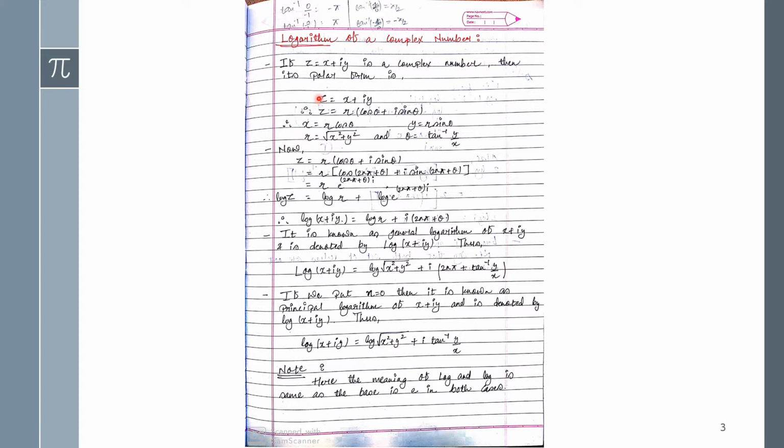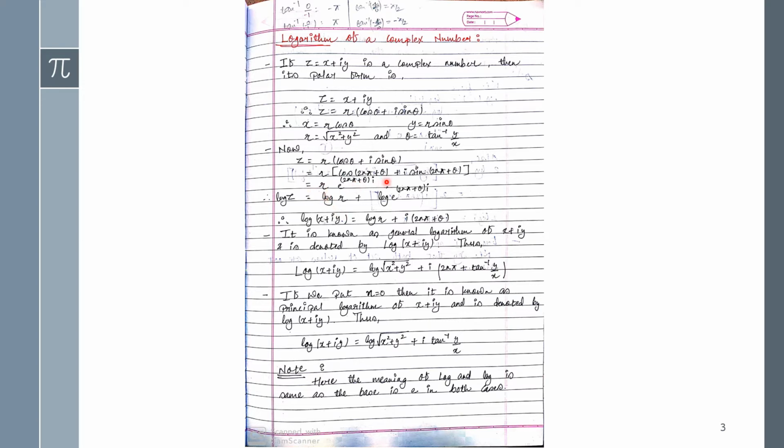So in place of theta I am adding one more component, that is, 2n pi plus theta, and here also i sin of 2n pi plus theta. I'm just applying the whole quadrant, that's why I have applied 2n pi here.